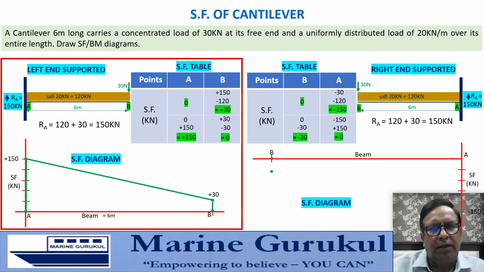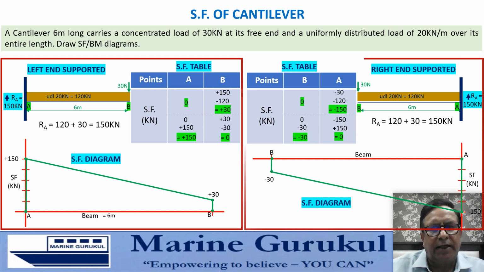At A, it goes to minus 150 and then to 0. We connect them as we had done earlier for the left end supported one, and we get this diagram for the shearing force for this particular case where the right end is supported.